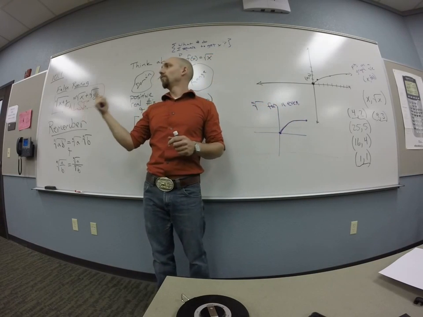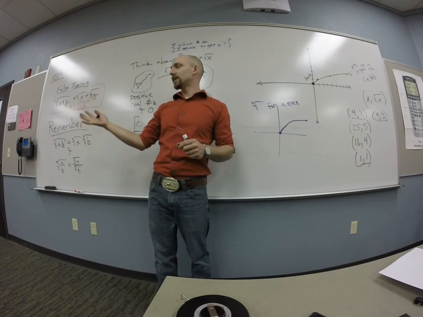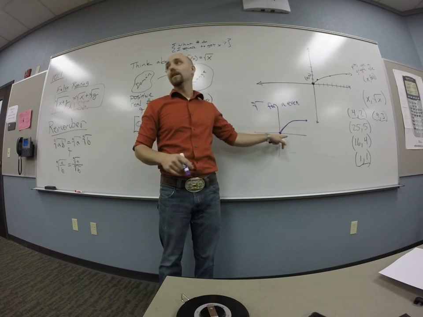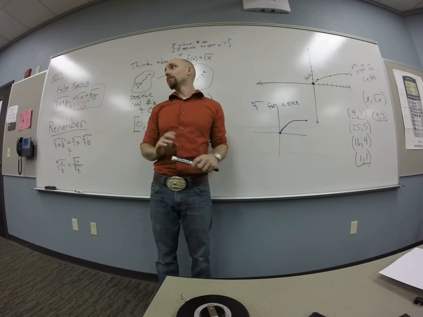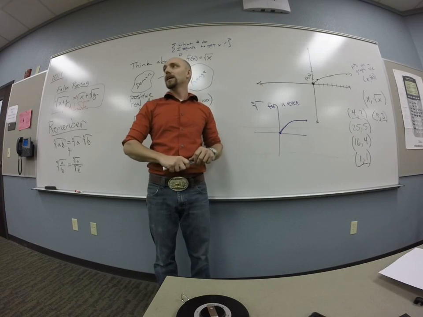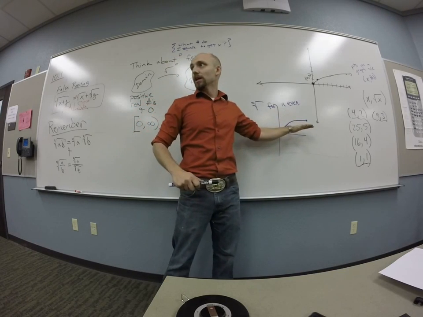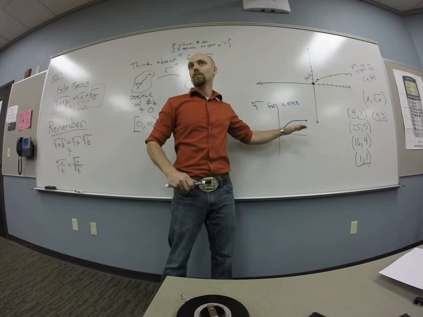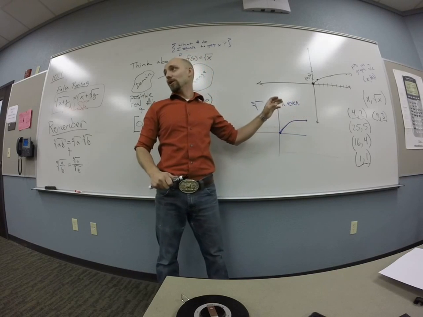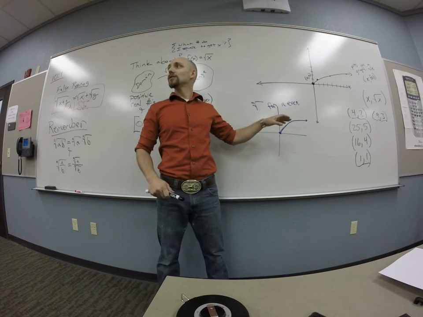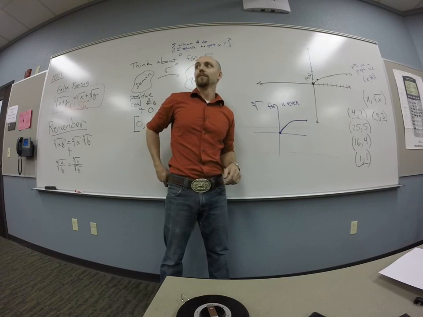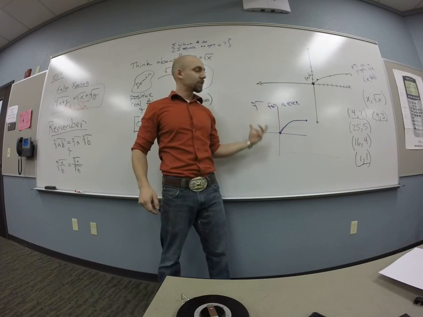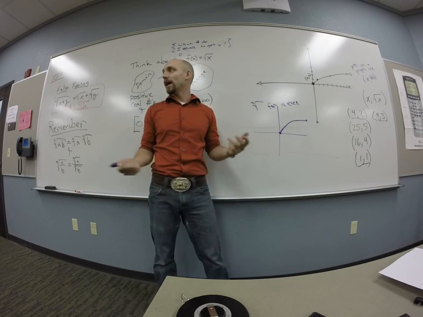So 2, 4, 6, 8, 10, all of those look like this. Okay? They're flatter, right? The bigger n gets, the flatter this thing gets. Really, it's because the parabola that you get out of bigger powers gets kind of steeper. Okay? But this is kind of a nice picture to have in your head for n is even.